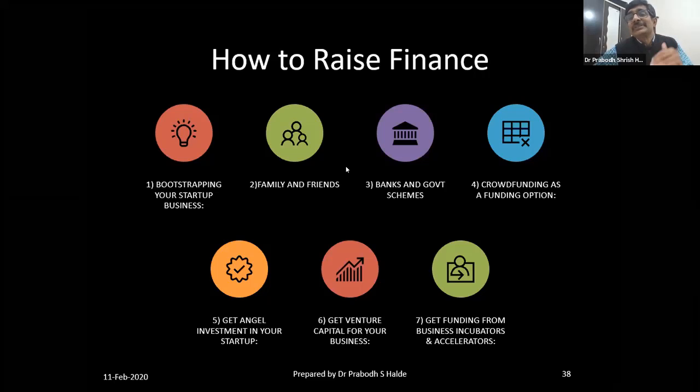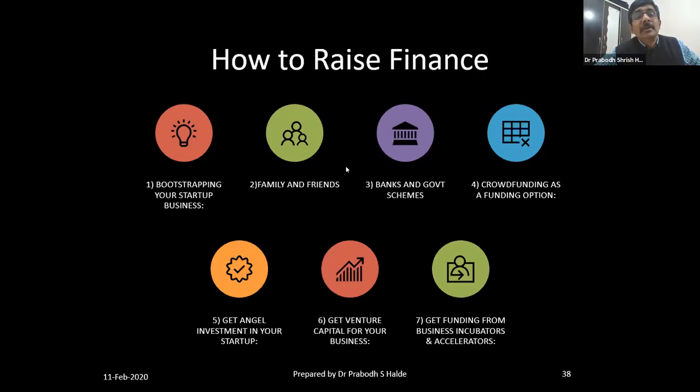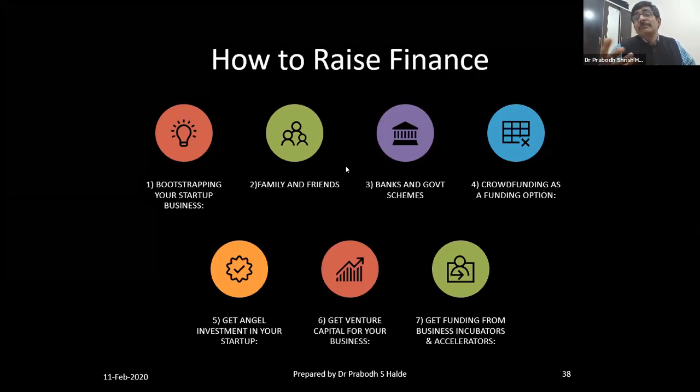If you are able to sustain your own startup, ask your parents, ask your neighbors, ask your relatives. That is called within your network. That is bootstrapping your startup business. Through Facebook, people appeal. That is also one area of startup funding. Crowdfunding, bank and government. There are so many.